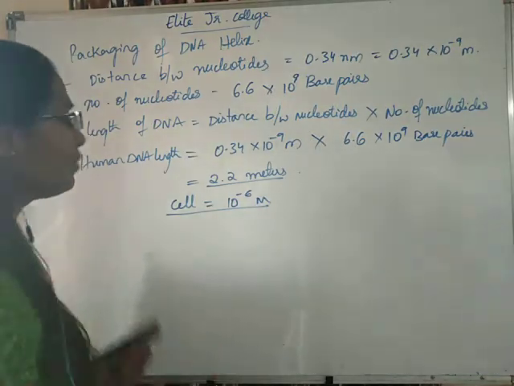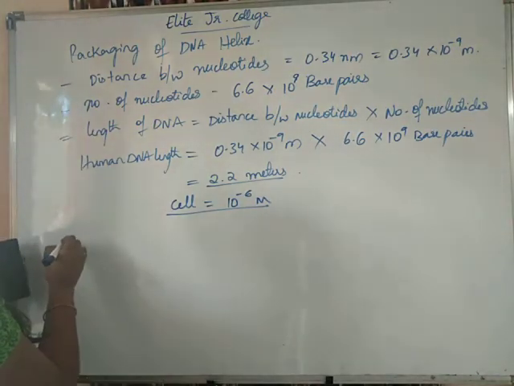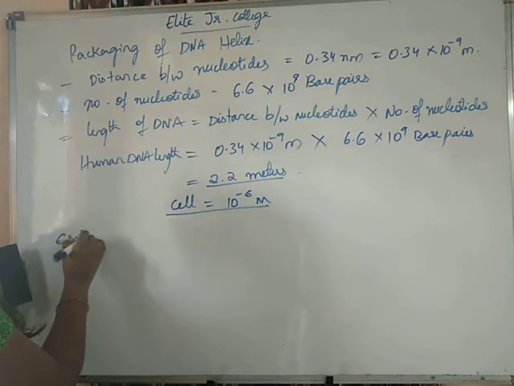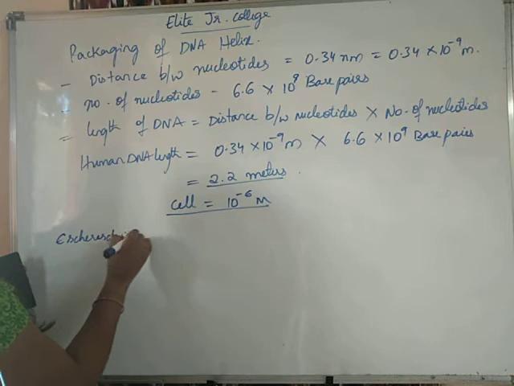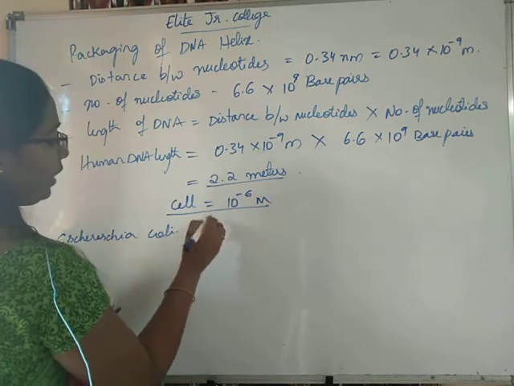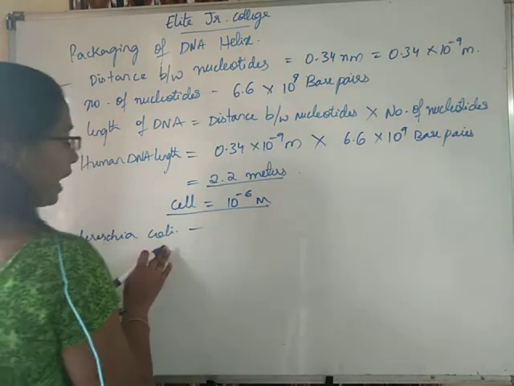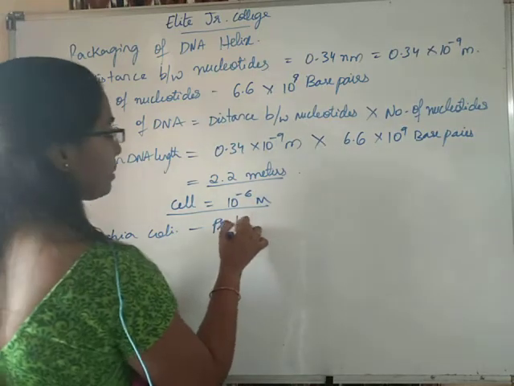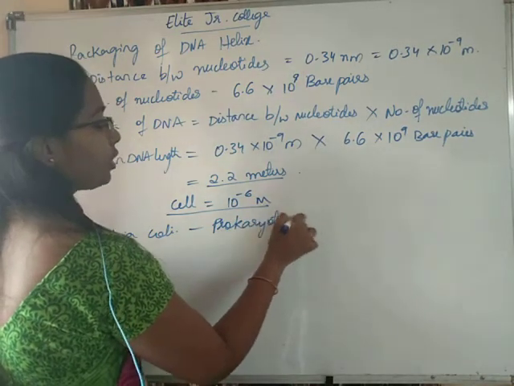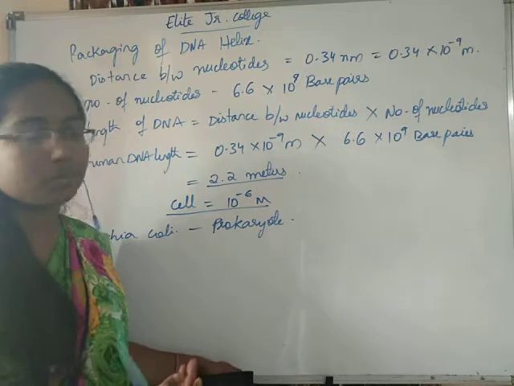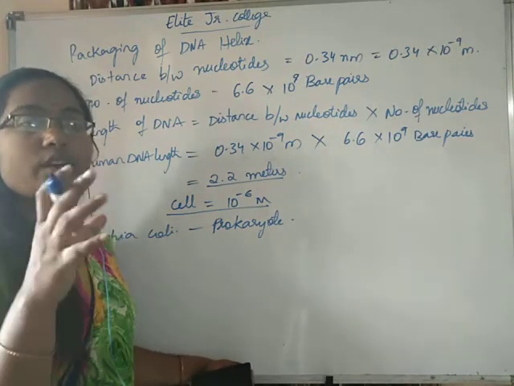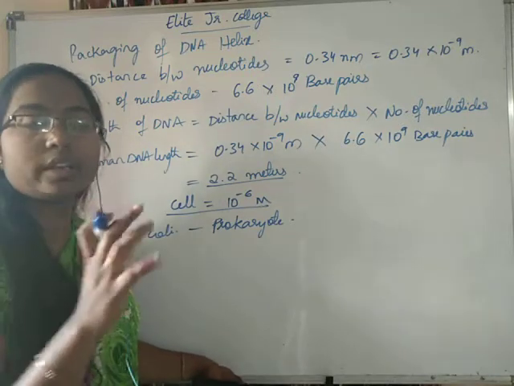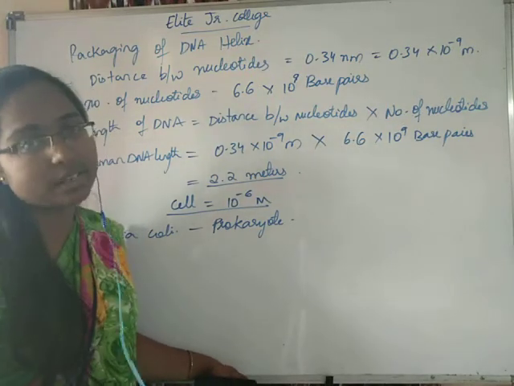First, let us see the DNA of Escherichia coli, E. coli. It is a bacterium, a prokaryote. Prokaryotes don't have any distinct nucleus, so DNA is not present inside a nucleus.